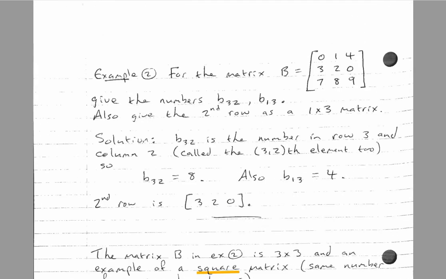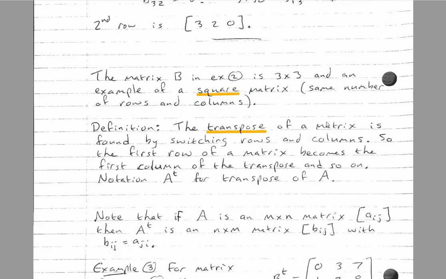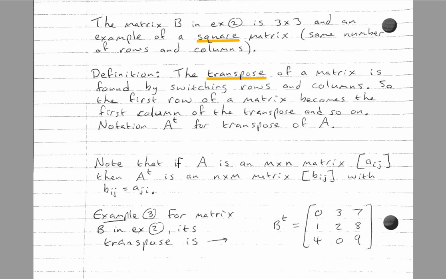And so if you want the transpose of this B, well, this first row 0, 1, 4, turns into the first column for the transpose, so 0, 1, 4. So that first row turns into the first column.